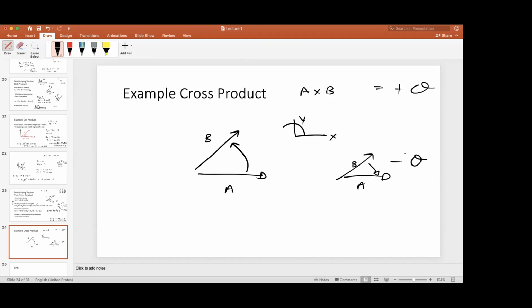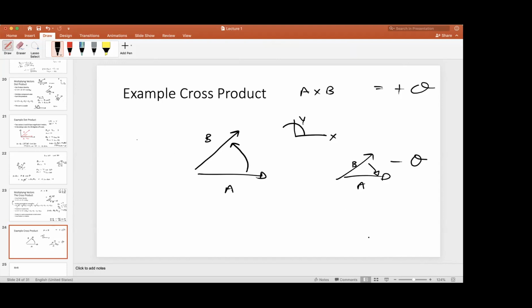One way to see that, I know you probably can't see my hand, but I'm going to try to show you here. So I'm holding my hand up, pointing out at you. The right-hand rule says that if your thumb points in the positive Z direction, the direction that your fingers curl is positive, okay?